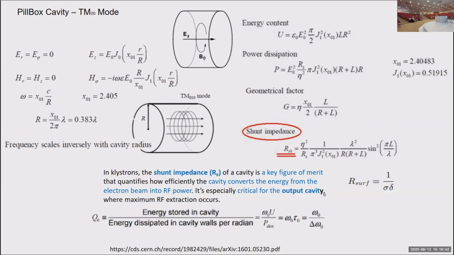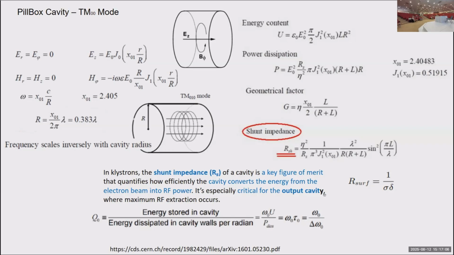And this is one definition. You can find it by this relation if you want to measure it. And the shunt impedance is another most valuable quantity. If the shunt impedance is increasing, power is increasing.